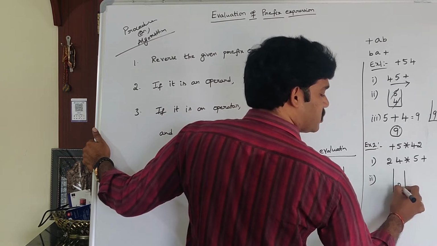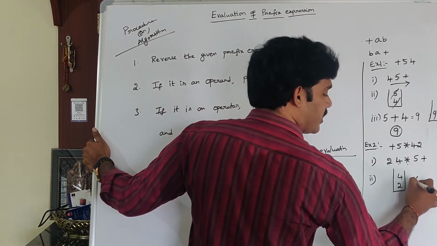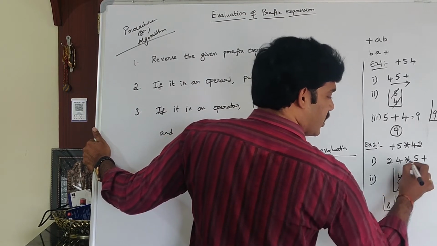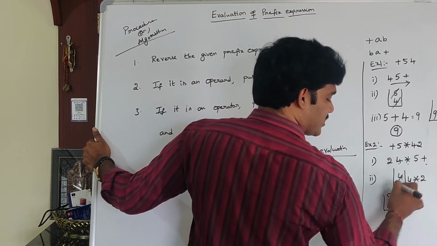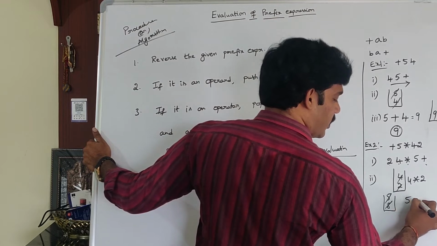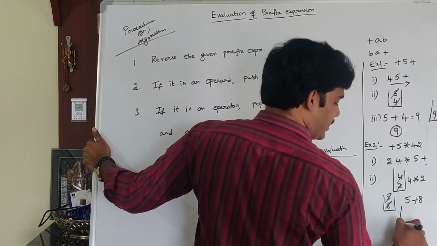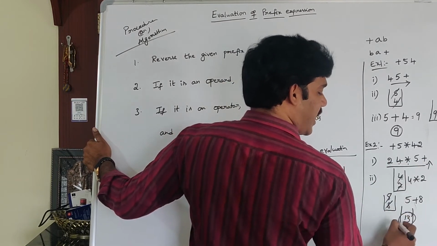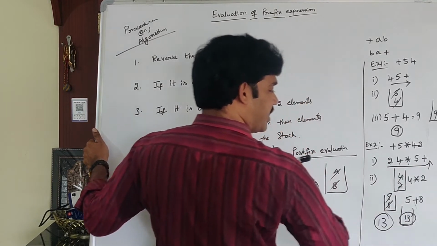If it is an operand, push. Star means pop the topmost two elements: 4 into 2, that is 8. Next 5, push. Next plus means pop the topmost two: 5 plus 8, that is 13. Push the result into the stack. When the expression has ended, the value that remains in the stack is the final result, that is 13.